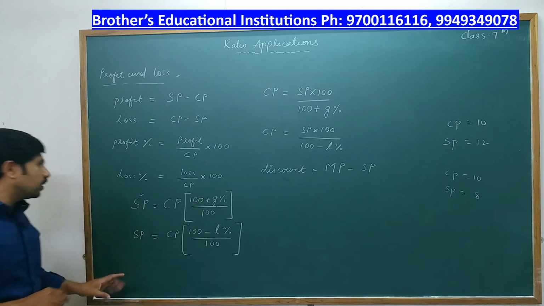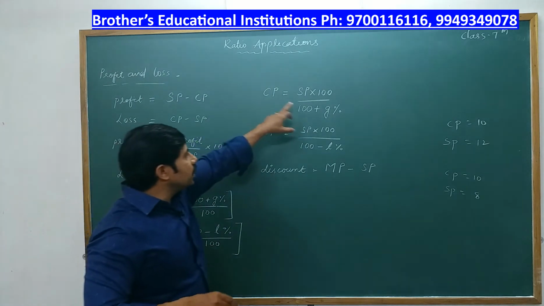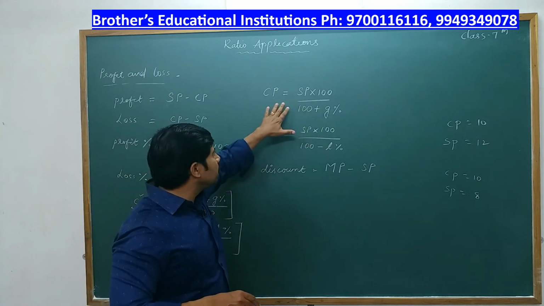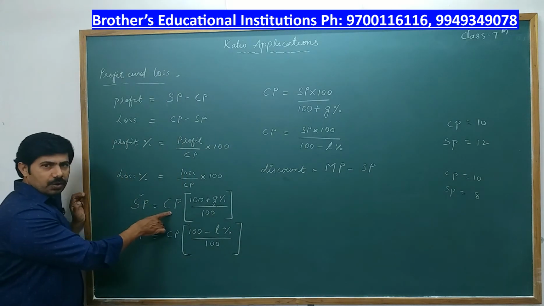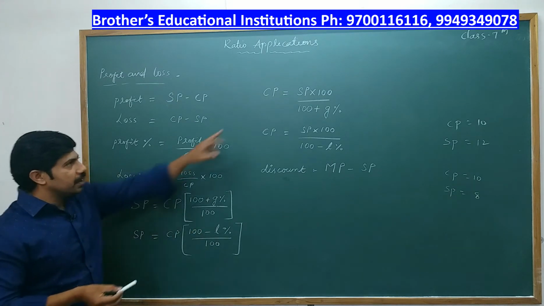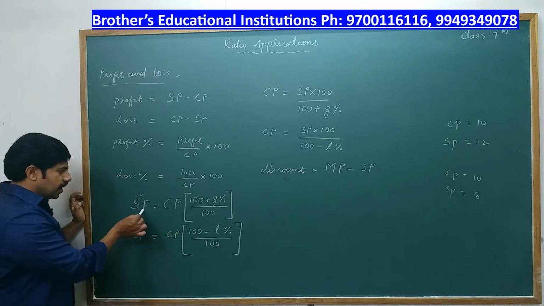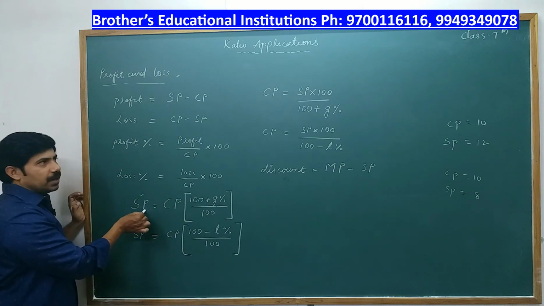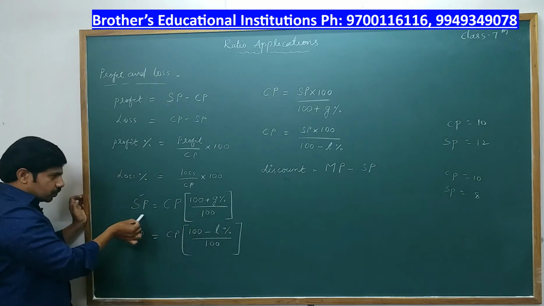Right? Now after that, the next one is again cost price. Now this is the cost price when gain percent is given. So how to remember this one? Just cross multiply. Already you have CP here. If I cross multiply, I'll get SP into 100 by 100 plus gain percent, which goes to the denominator.